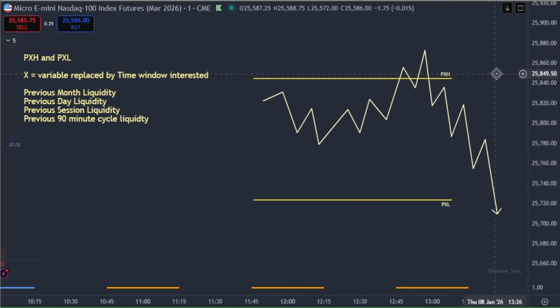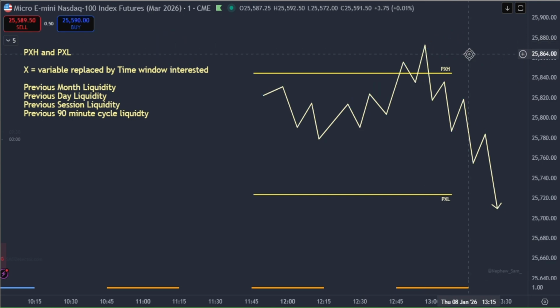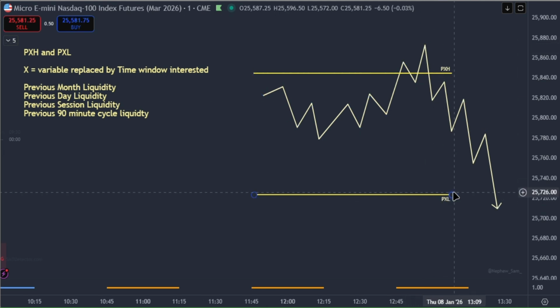Now, you don't have to catch the very top, okay? Because the algo only cares about time, right? So if it purges a high, it's going to come purge a low. So if you don't catch the reversal up here, you can catch it down here near the middle, okay?